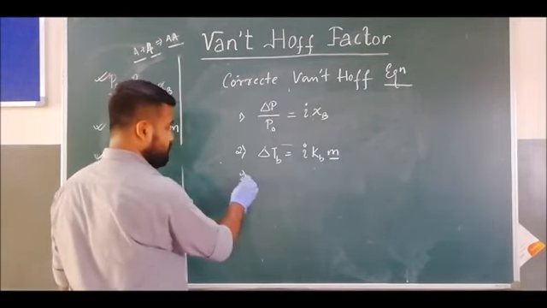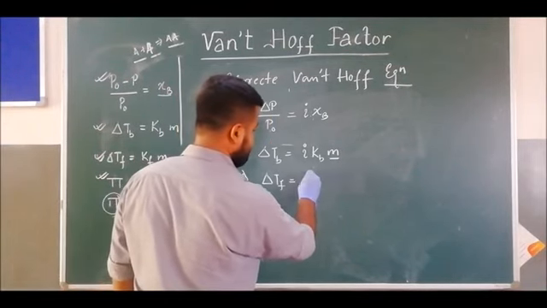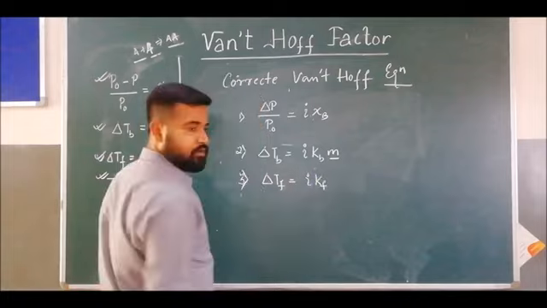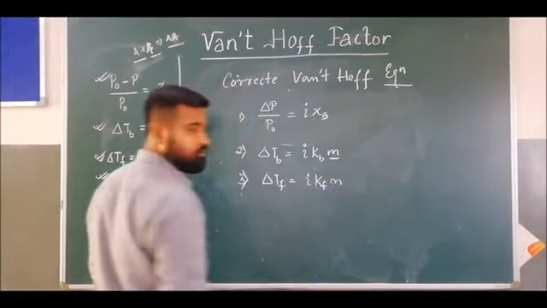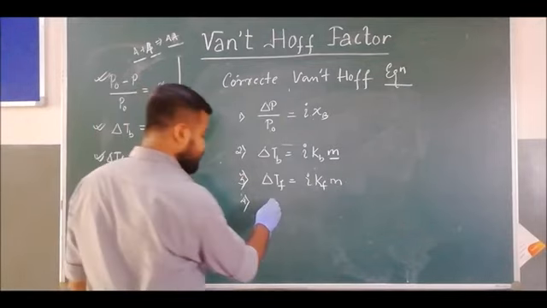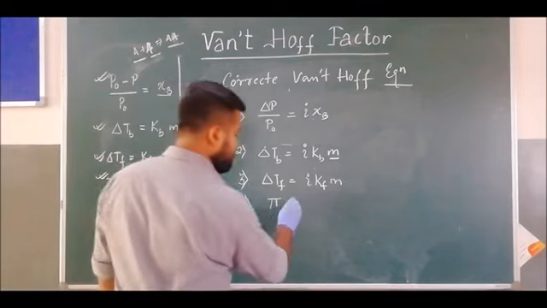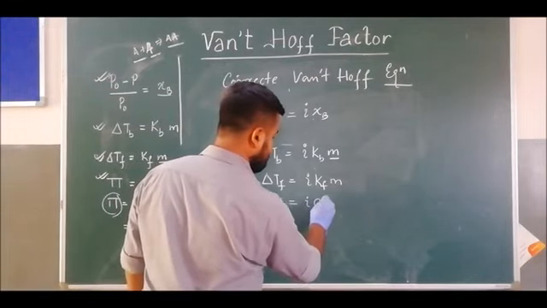Third, delta Tf equals i into Kf into m, molality. And fourth, pi, the osmotic pressure, equals i into CRT.